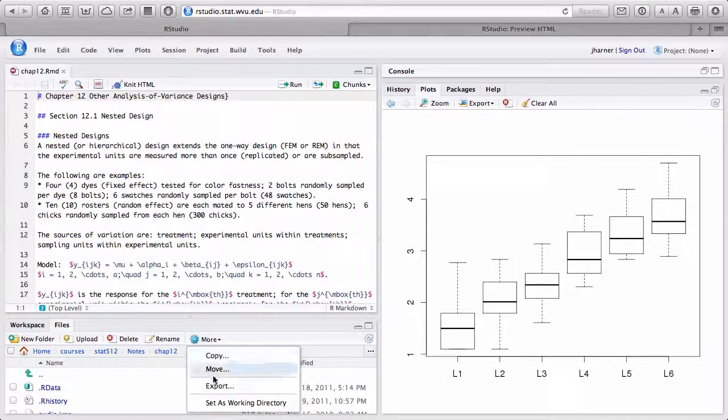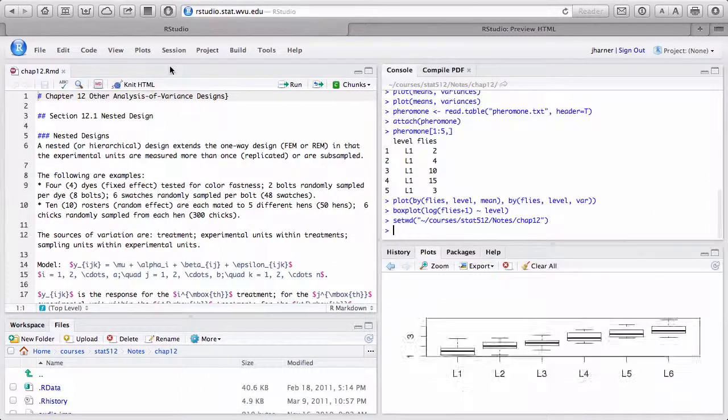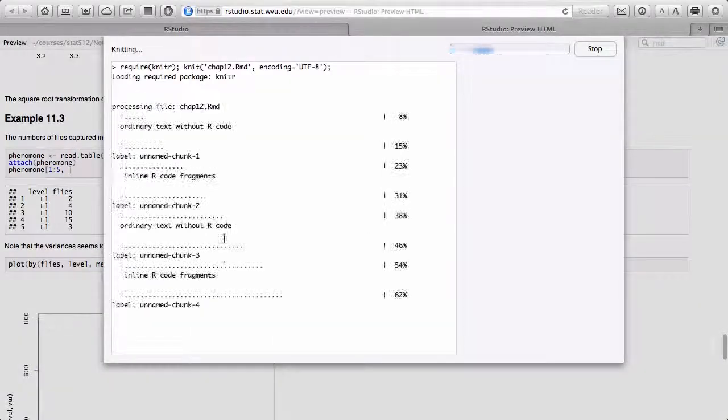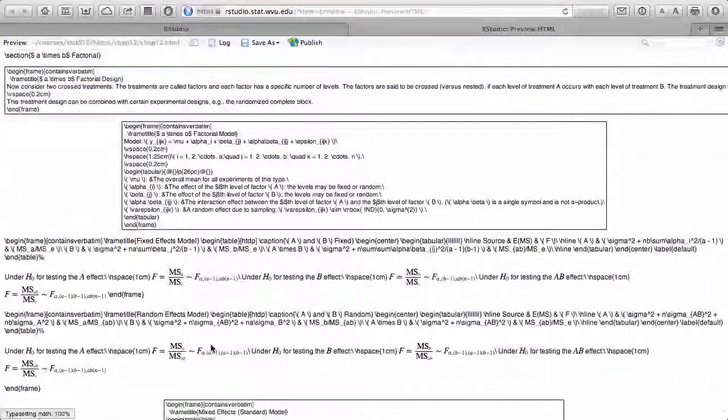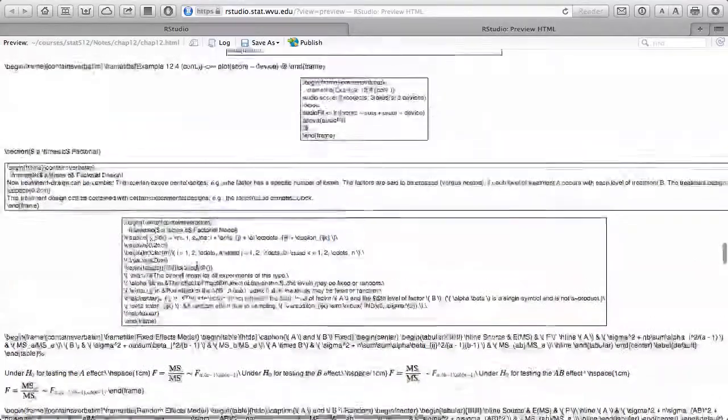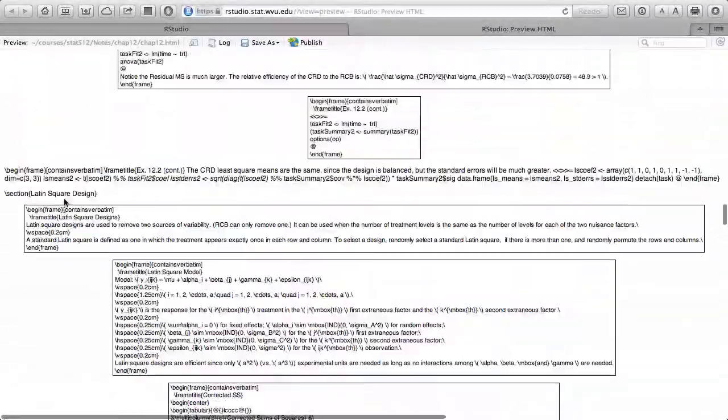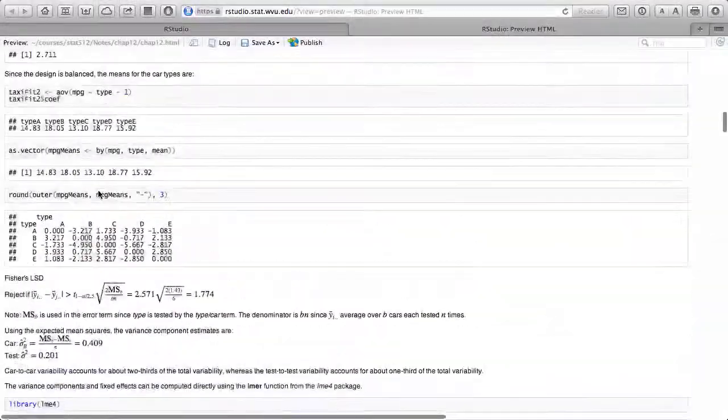I'm going to change the working directory, and now I'm going to knit this, I hope. You notice that at some point I haven't redone all this stuff, but I have redone the first section.